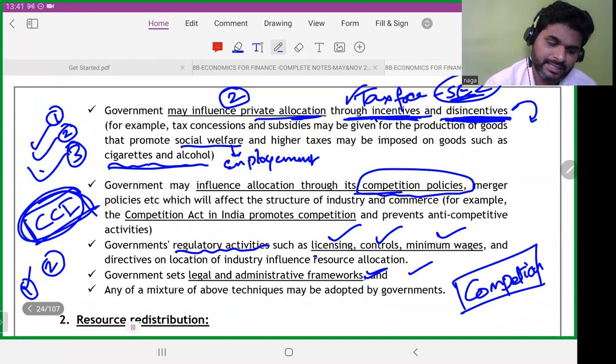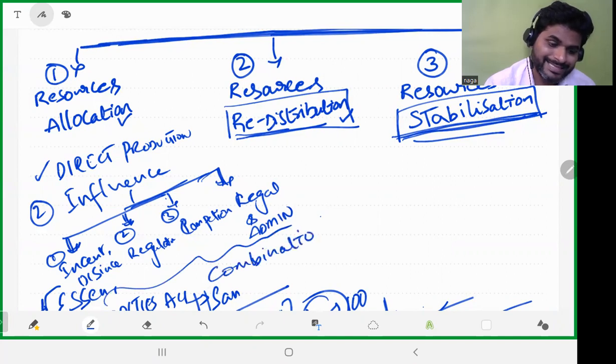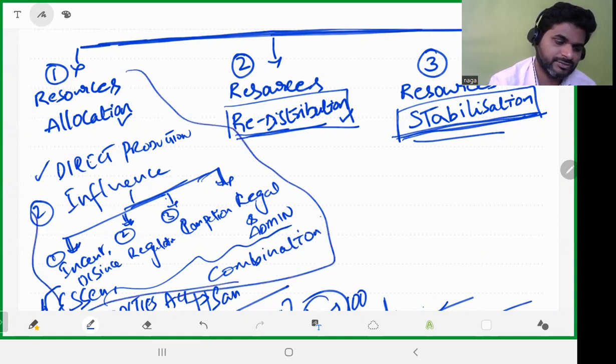All of this is putting certain legal and administrative frameworks, and a combination of any of those. This is how government does the resource allocation function.